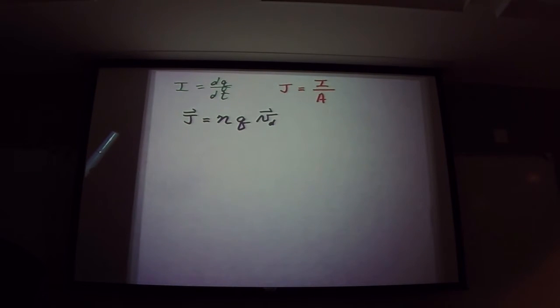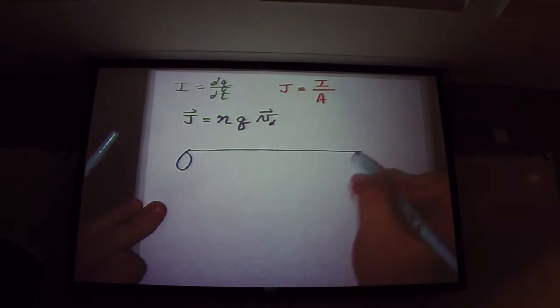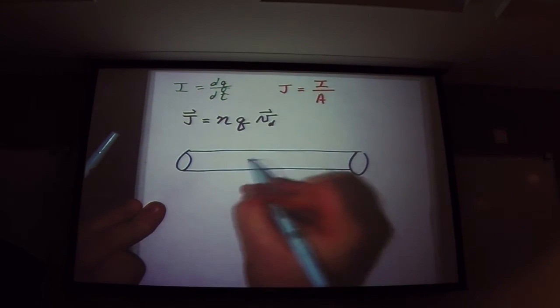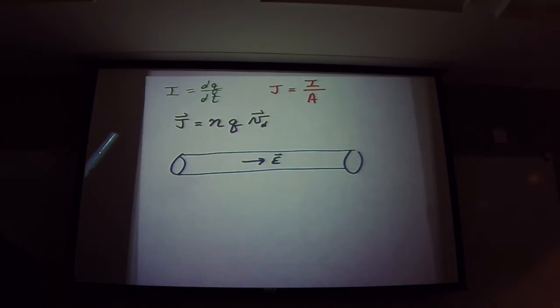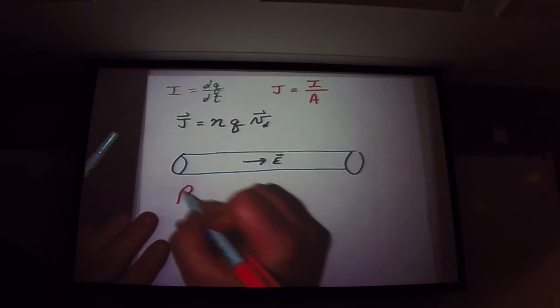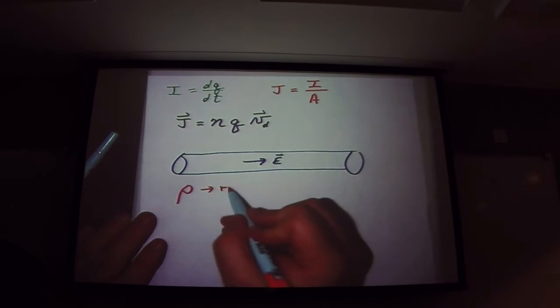If I try to put an electric field in here, I now want to relate that electric field directly to the current that I get. And so we define a quantity called resistivity, denoted by the letter rho.